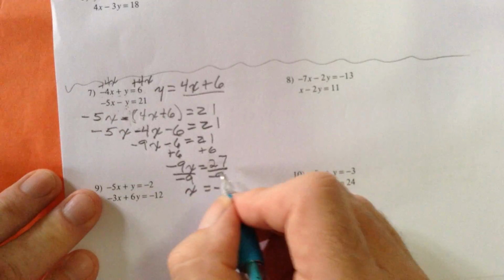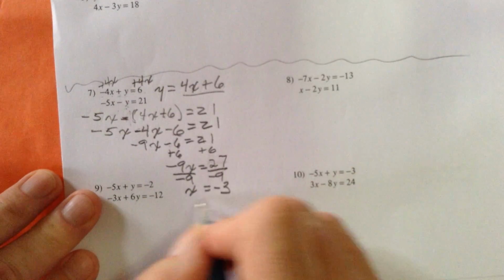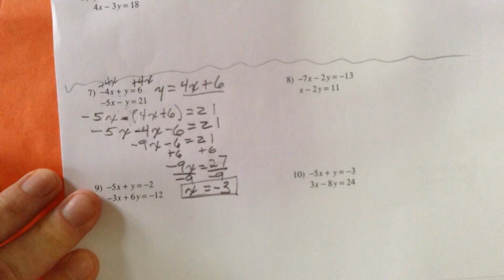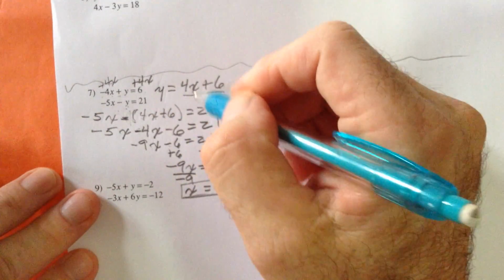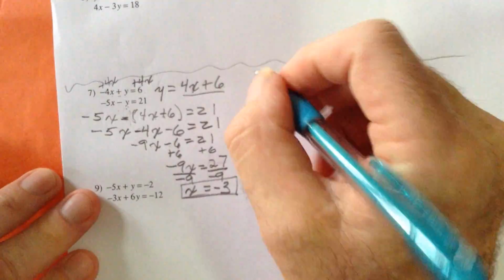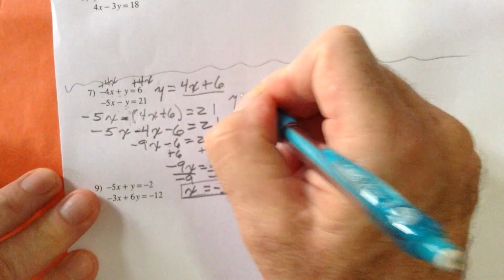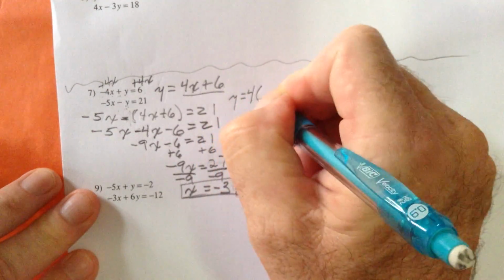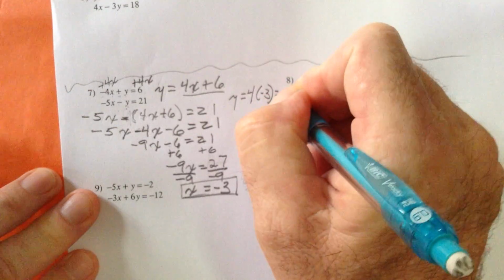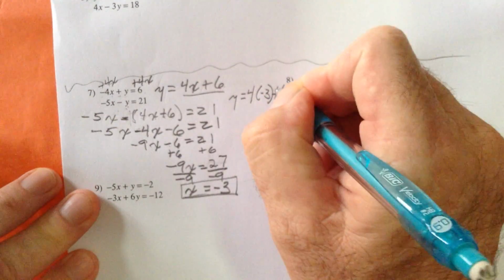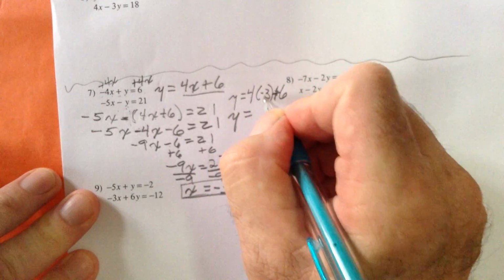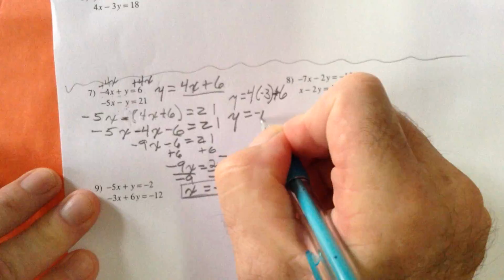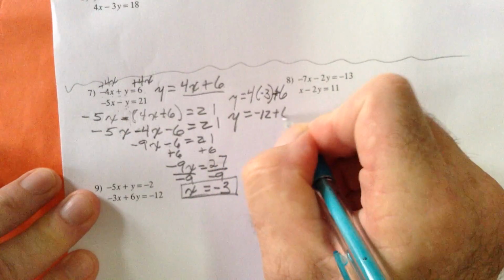Negative 9 times negative 3 is a positive 27. Yep, so x would be negative 3. But now, what would be y? I can take the negative 3 and put it in for the x. So y equals 4 times negative 3 plus 6. 4 times negative 3 is negative 12, plus 6.